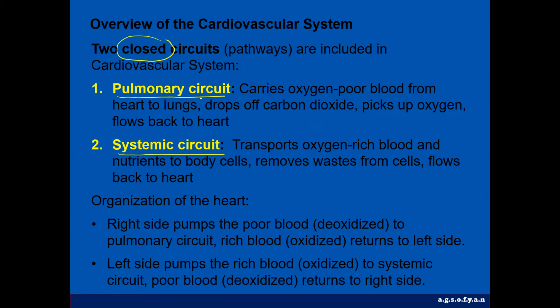The pulmonary circuit, from the name, pulmo means lungs. So this one, the one that carries the blood from the heart, is going to be from the right side of the heart.